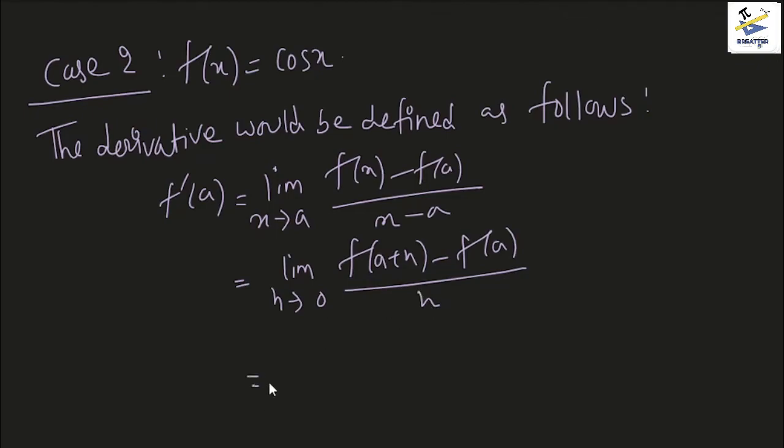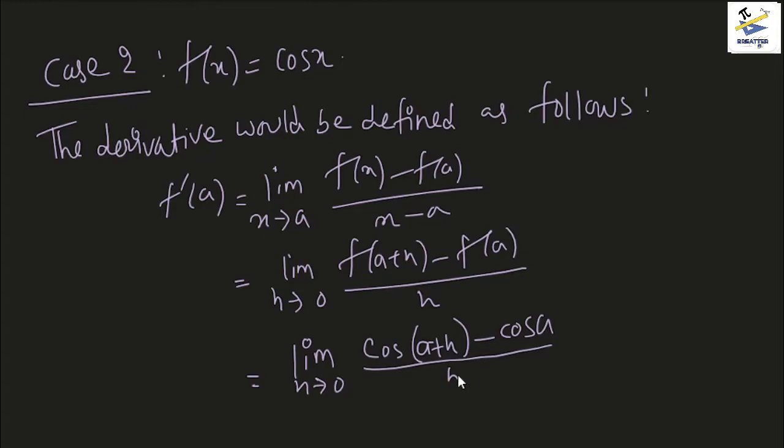Now this would give us limit h tends to 0 cosine of A plus h minus cosine of A whole divided by h, right?